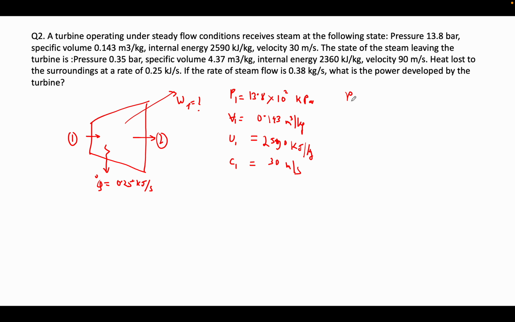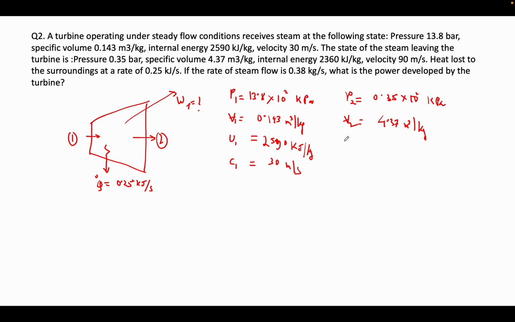Then P2 is given to us as 0.35 into 10 square kilopascal, and V2, that is my specific volume, is given to us as 4.37 meter cube per kg.